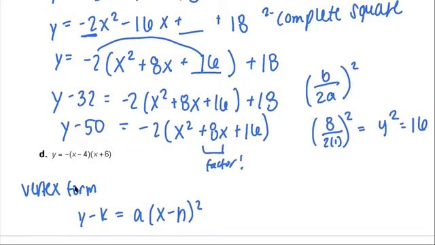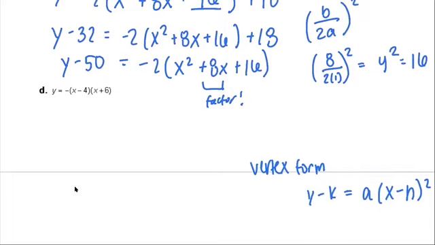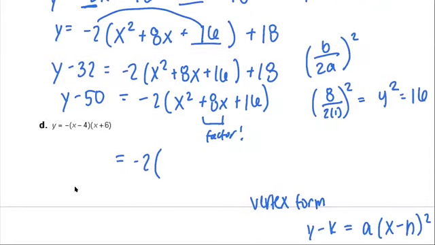So it equals negative 2. X squared is a perfect square, and so is 16, that's 4. Since this is positive and this is positive, it's going to be plus 4. So I can write x plus 4 and x plus 4. If I FOIL it out, I get my original.